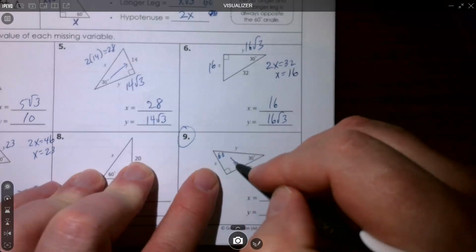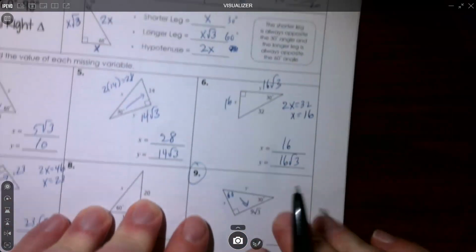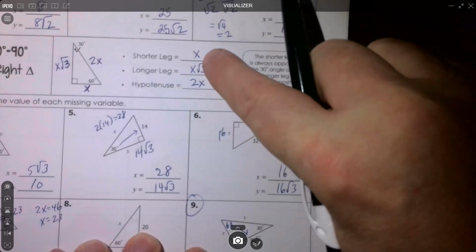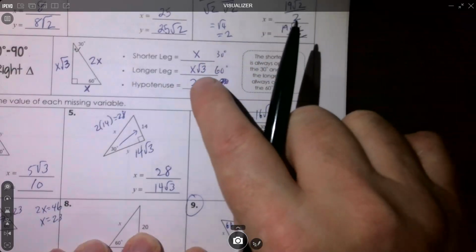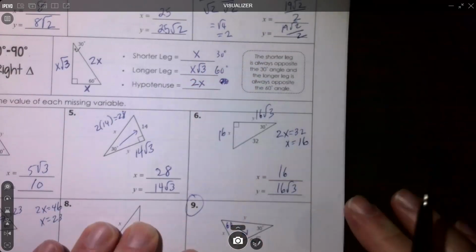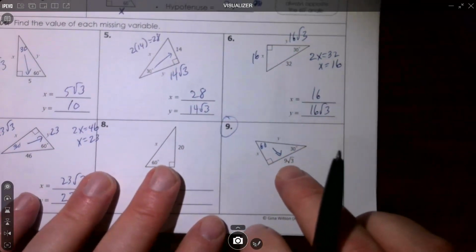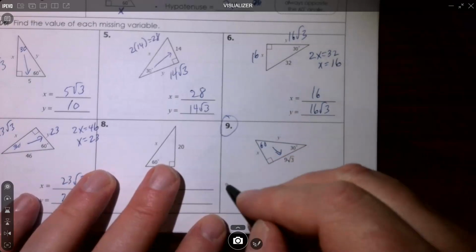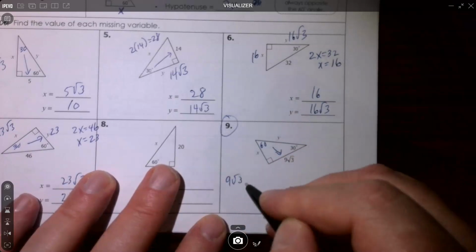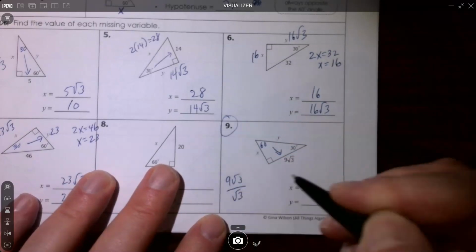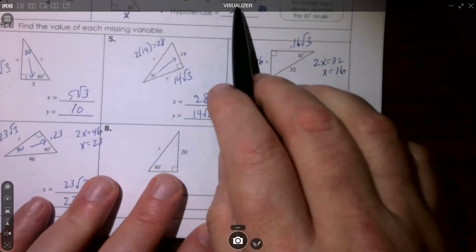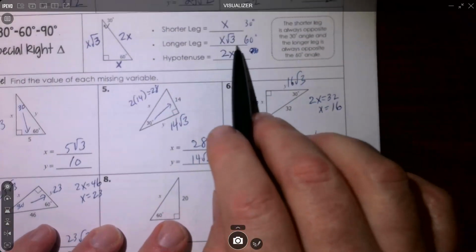Before, we've been either given the hypotenuse or the shortest side, which was easy. Going back and forth between those was easy. But now we're being given this. So just like we did with the 45-45-90, I've got to take that out. So I'm going to take 9 square root of 3 and divide it by the square root of 3, because I need x. I have x square root of 3.